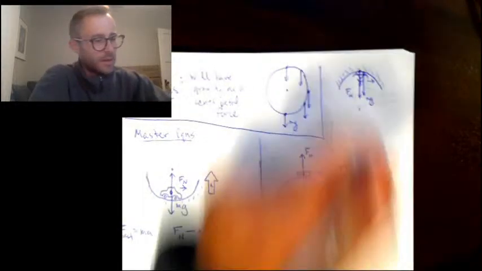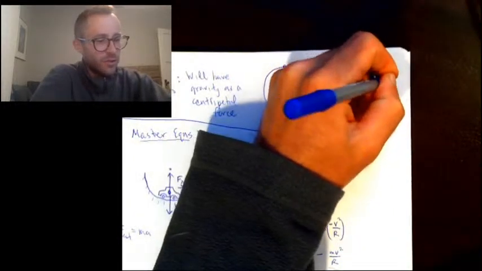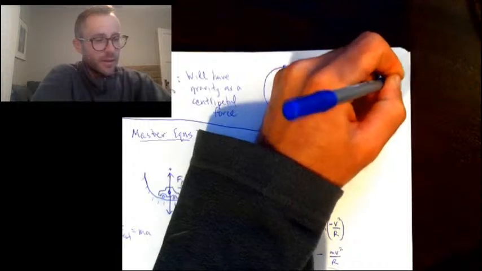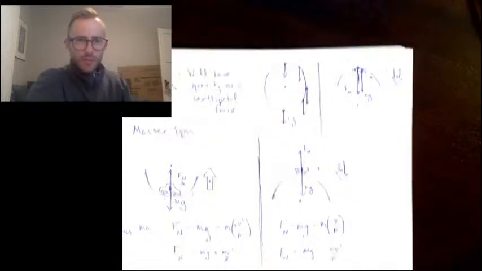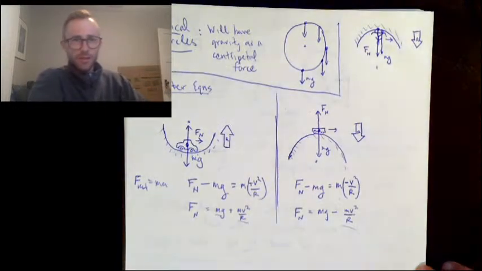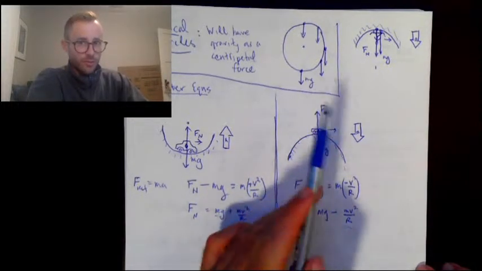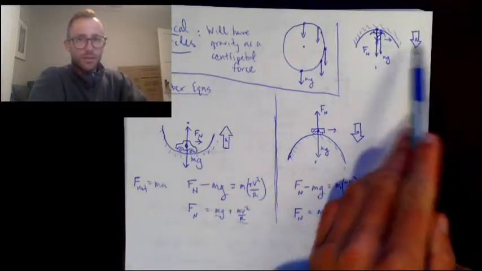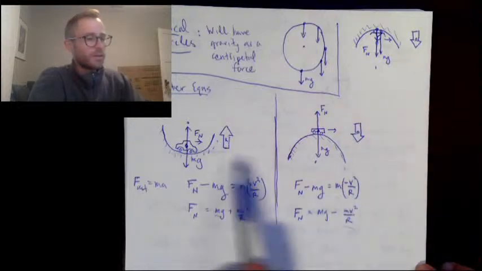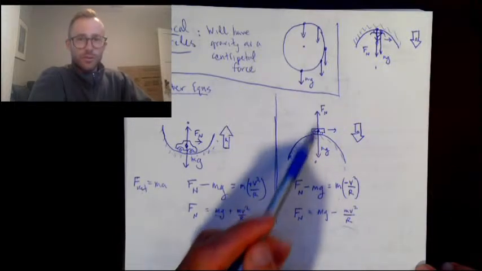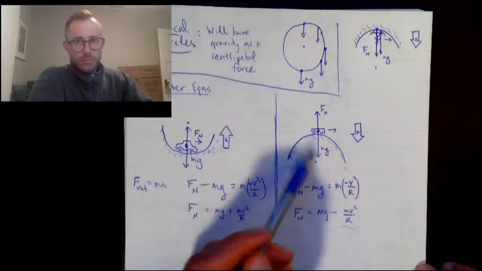The center of the circle is down here, so the acceleration is also downward. I'm drawing acceleration off to the side because I don't want you to think that the acceleration is a force. So I'm putting it off to the side with a big goofy arrow. These arrows are for free body diagrams.